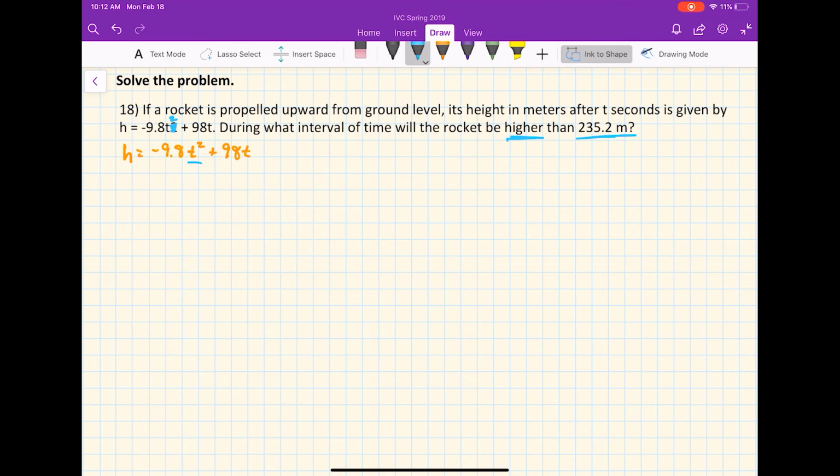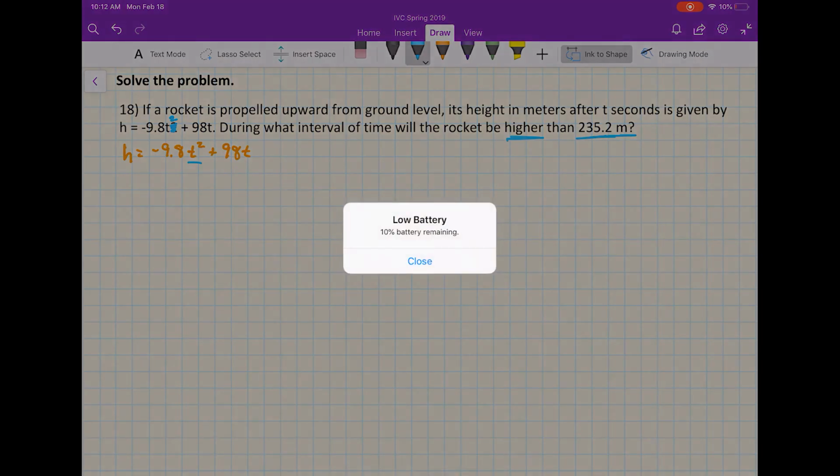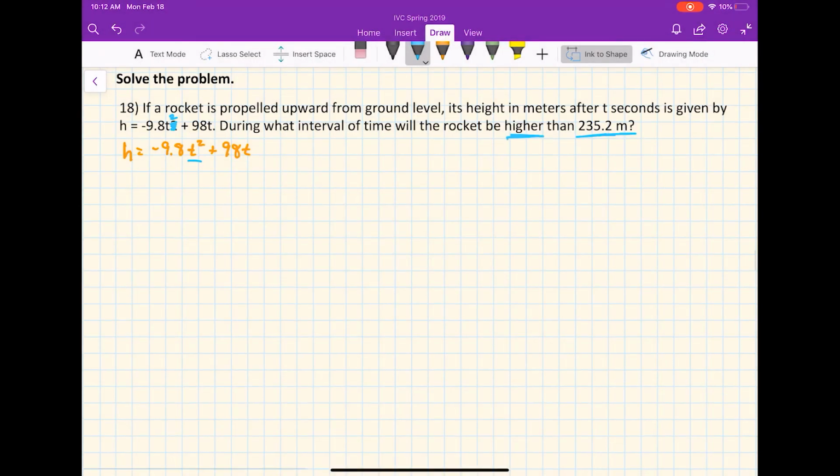Okay, well, we want to know, better hurry, running out of battery here. So we want to know when the rocket is above this altitude. So that means we have the negative 9.8 t squared plus 98t.